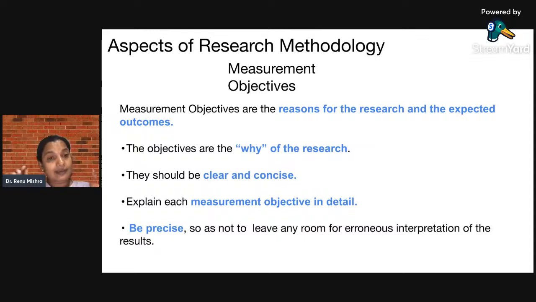It should be clear, concise, and simple. Whosoever goes through anybody's research, once going through the objectives, I should get a hint of the research method. And then if I go directly to your research methodology, it should correlate.